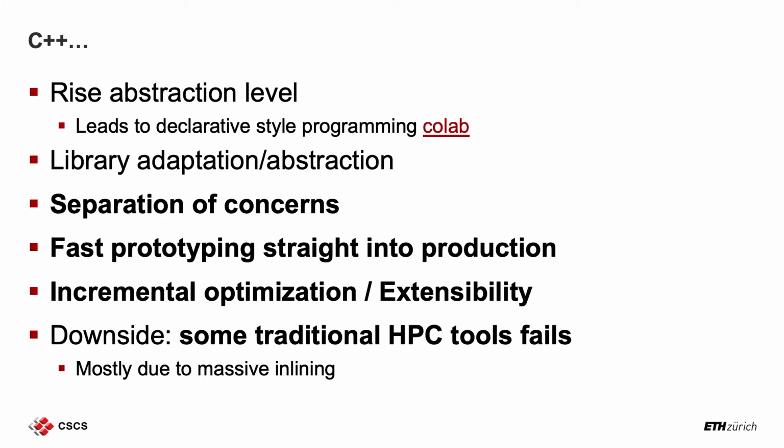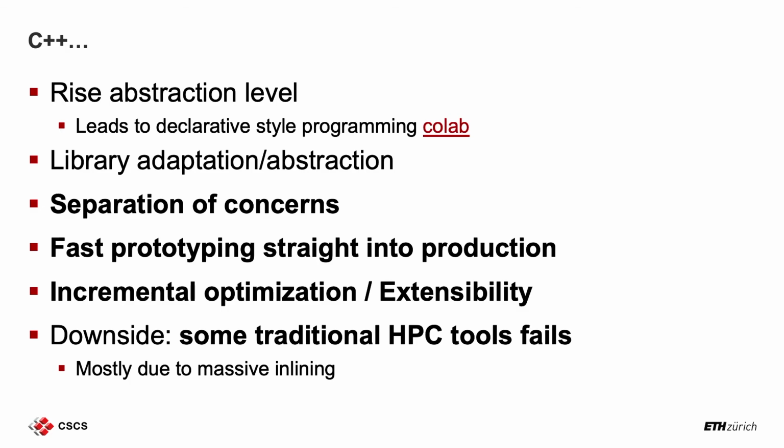C++ offers also what is called library adaptation and library abstraction. So I have a library for doing image processing, and then I have another code that uses another library, but I know that this guy is doing what I need, but the interface is weird.